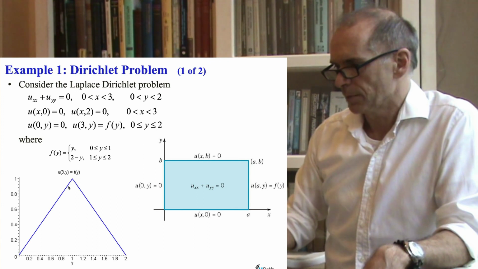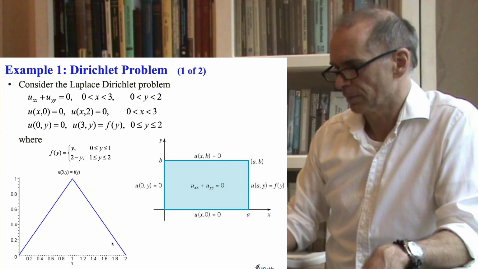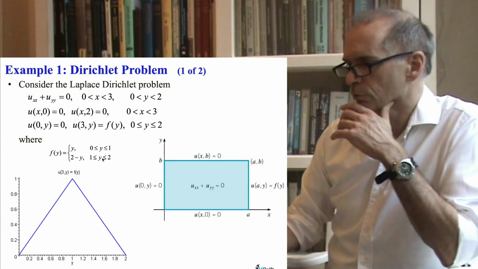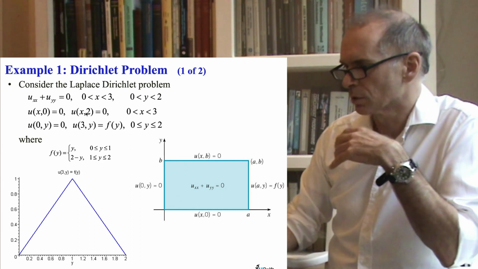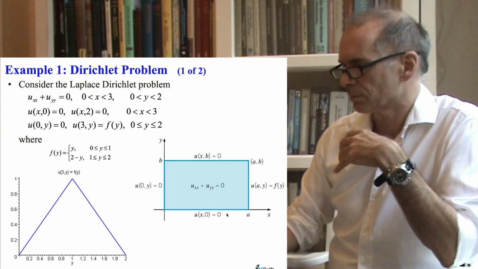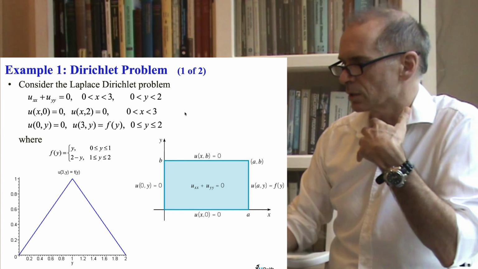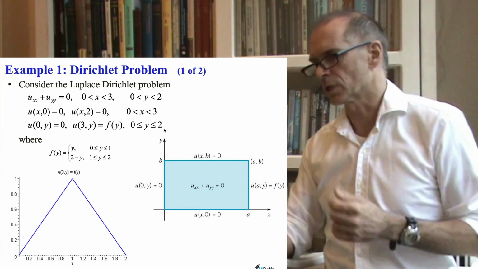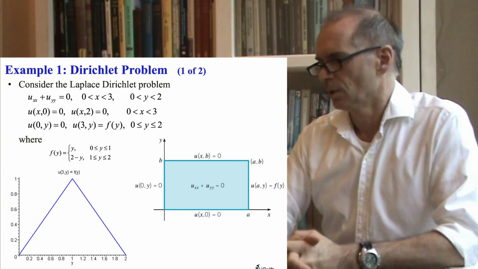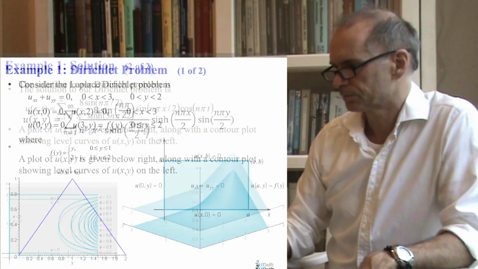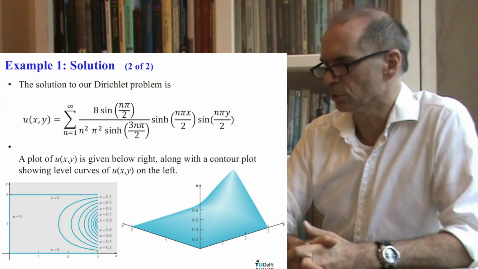It would be y until y is 1, and then 2 minus y between 1 and 2. And furthermore, it is prescribed that one side of that rectangular domain has the length 3 and the other side has the length 2. So you can substitute 3 and 2 for those a and b in the solution and work it out.